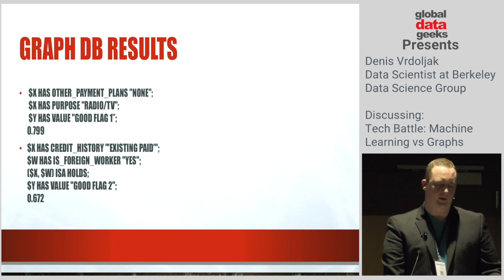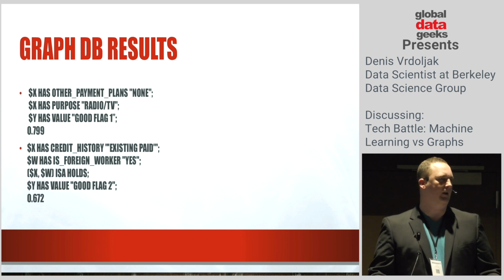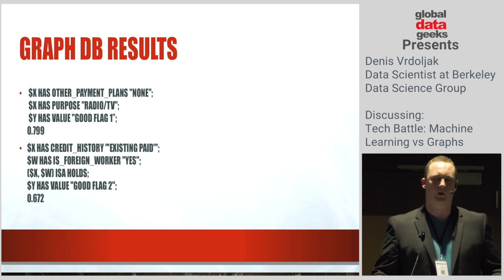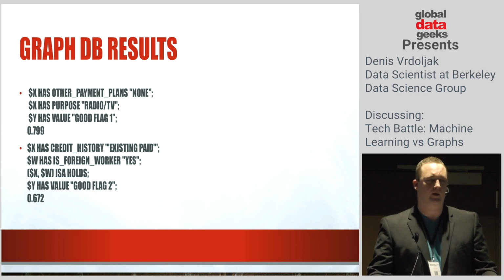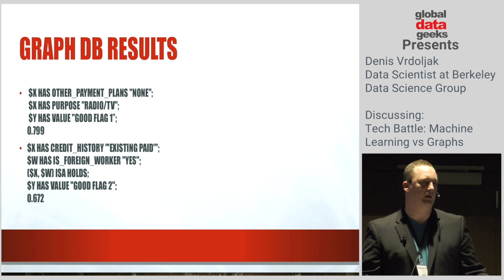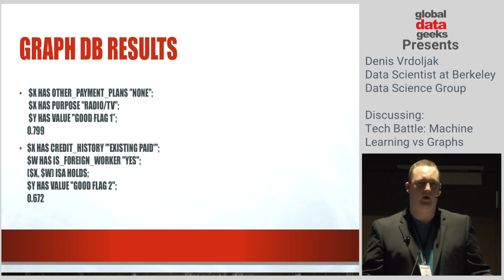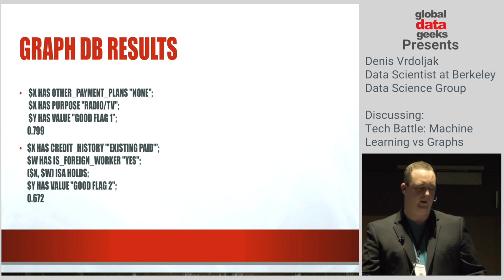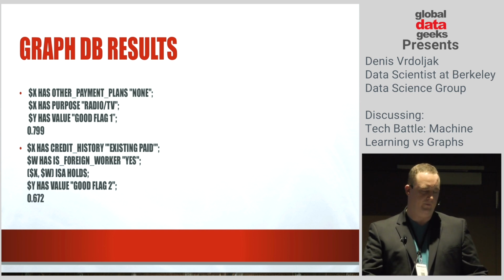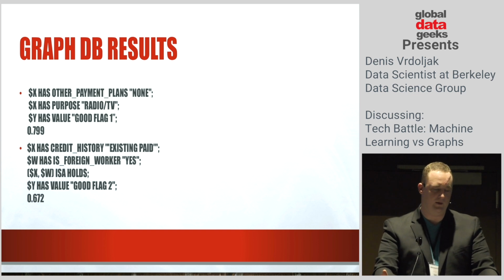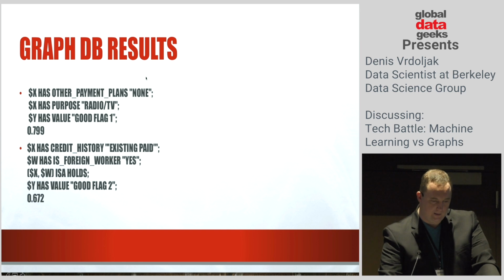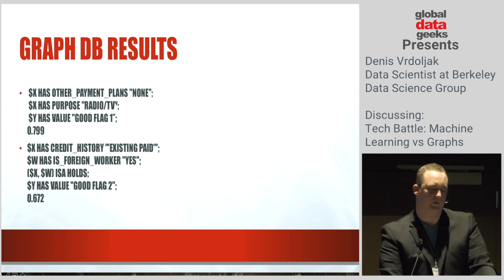But with the machine learning, like I said, I can't really tell you what's causing one model to make one decision or another. Other than the decision tree, or if I was to do a model reduction, I have no idea whether it's the fact that they have a telephone on file or the amount of the loan that's making that decision. With graph theory, with rule learning, they were able to identify that some of the things that tended to cause a positive or negative were whether the purpose of the application was for radio or TV.